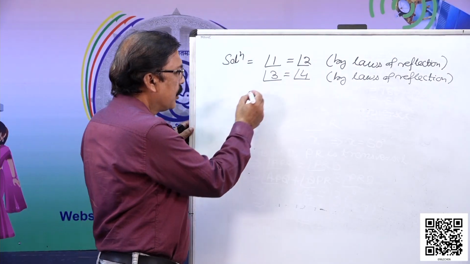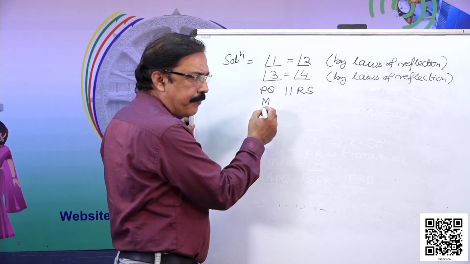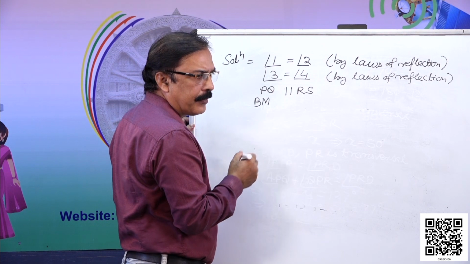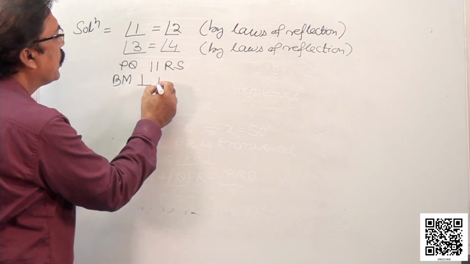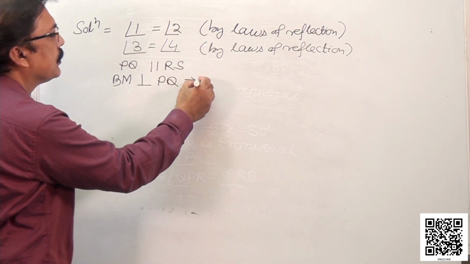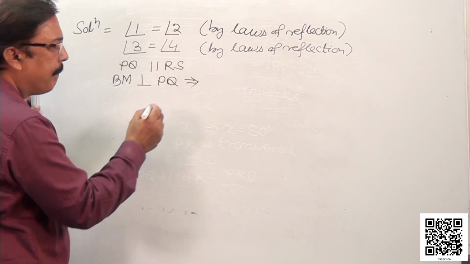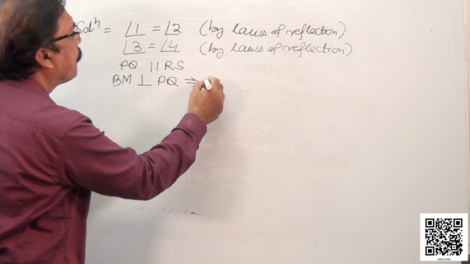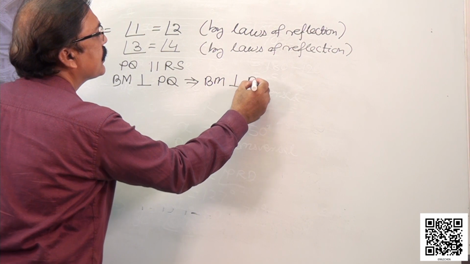Now you see PQ is parallel to RS and BM is perpendicular to PQ. This implies BM is also perpendicular to RS.